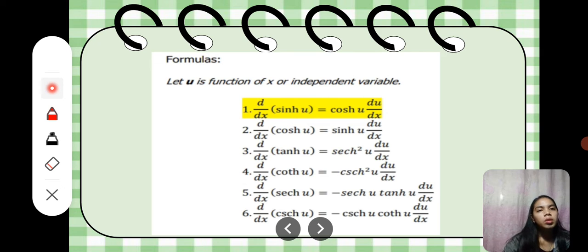The reciprocals are hyperbolic cotangent, hyperbolic secant, and hyperbolic cosecant. So this is the formula.